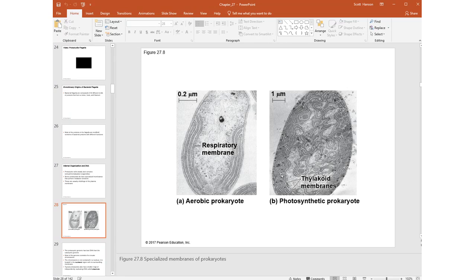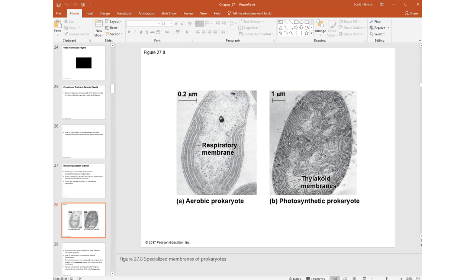Now, if you remember from General Biology 1, plant cells have chloroplasts, and the chloroplasts are what perform photosynthesis. Inside the chloroplasts, there are thylakoid membranes as well that have the photosynthetic pigments, like the chlorophylls, in them.